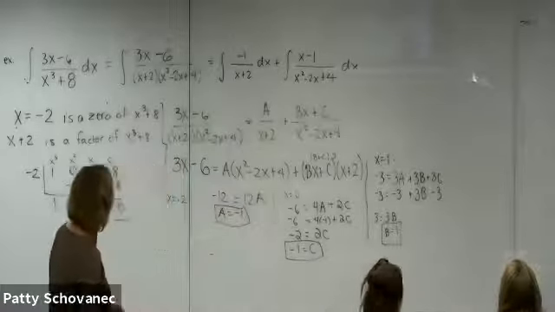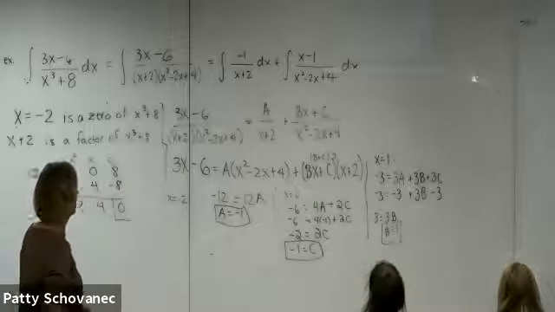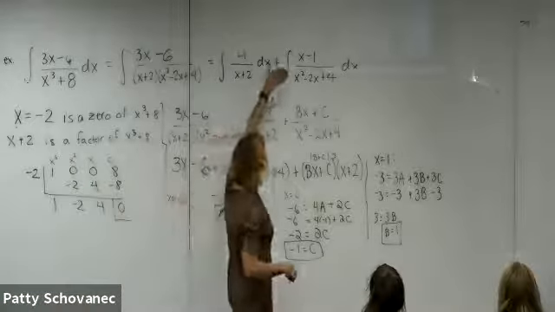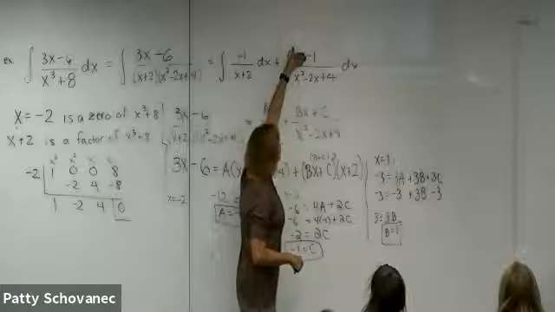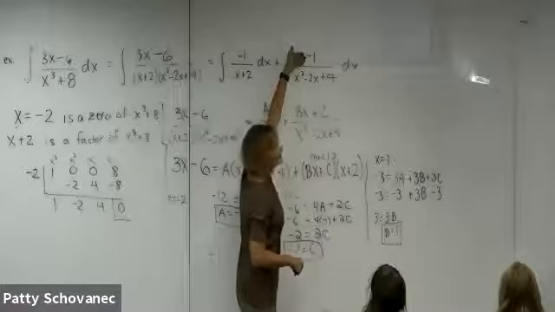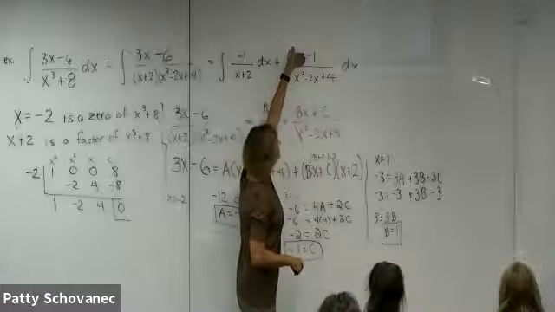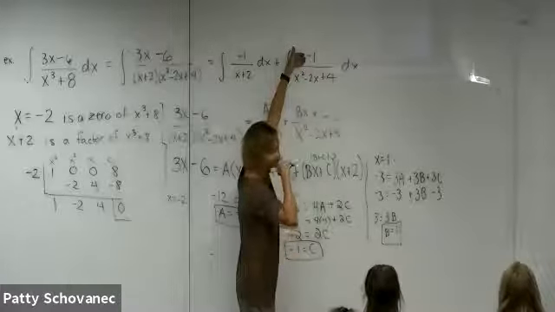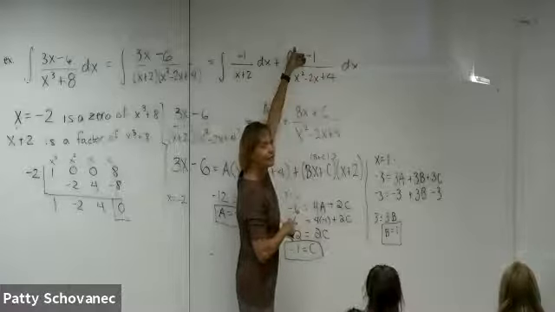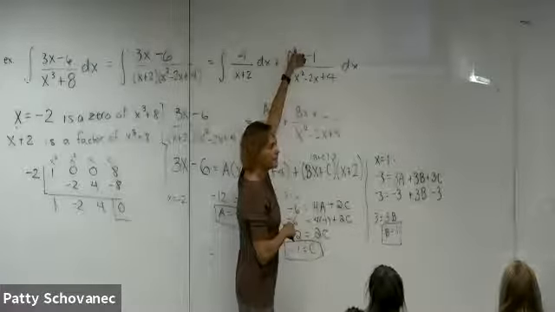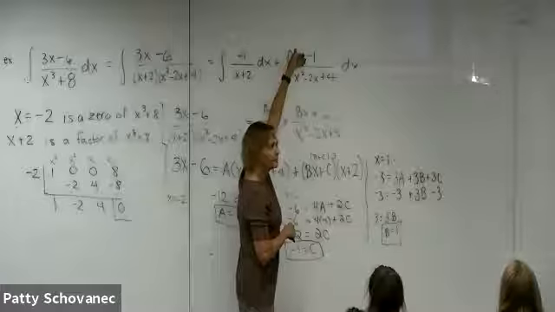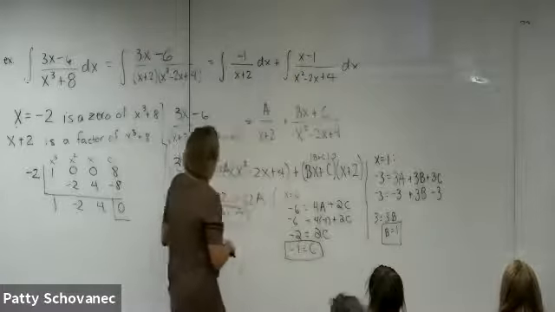How would you integrate something over X squared minus 2X plus 5, take the X away? What if our B turned out to be 0? No, because the degree is lower. Factor. Doesn't factor, it's prime, remember? Complete the square, thank you. Complete the square. Okay, and then it would be an inverse tangent.